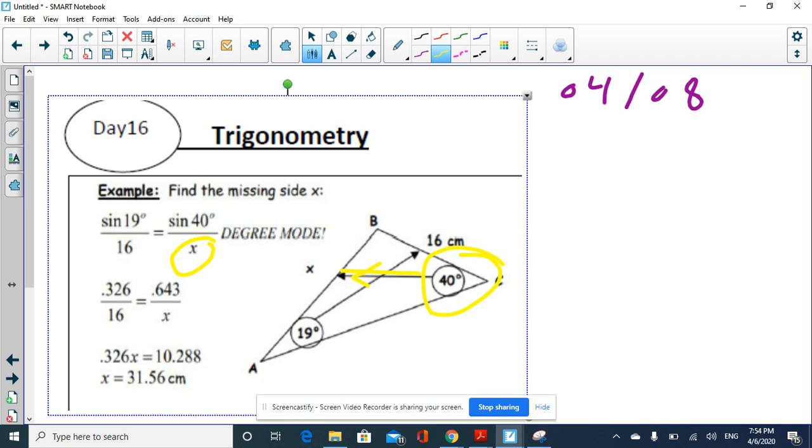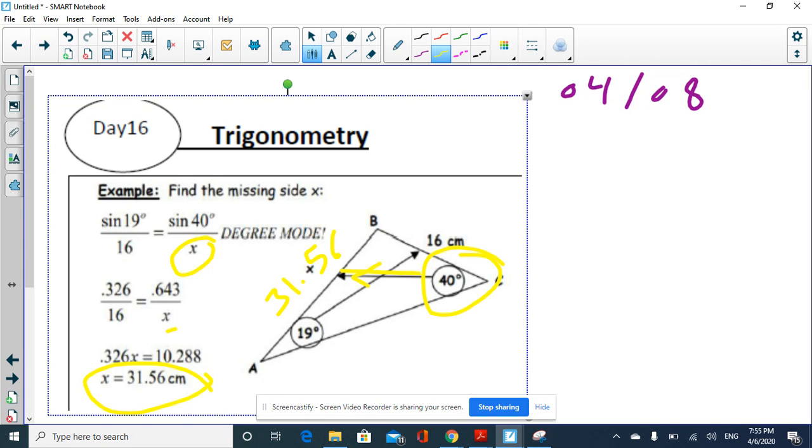Sine 19 is 0.326, sine 40 is 0.643, and then use cross multiplication: 16 multiplied by 0.643 divided by 0.326. If you got the value of x, it will be 31.56.